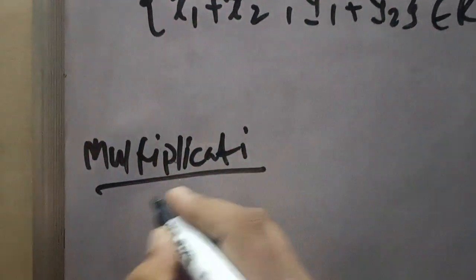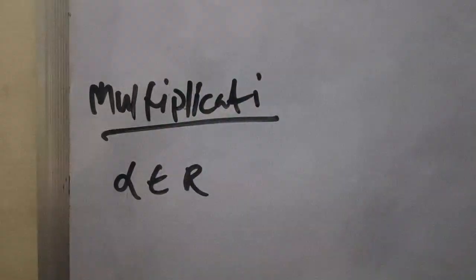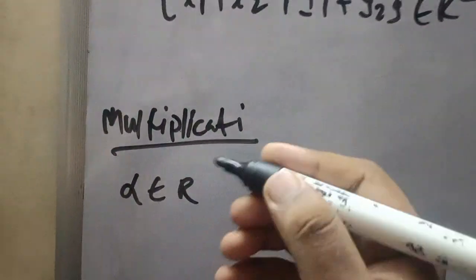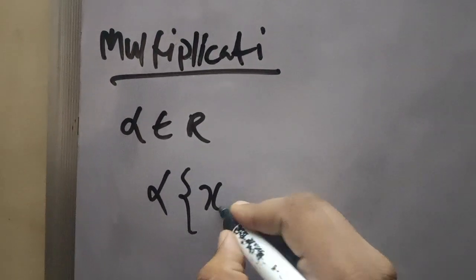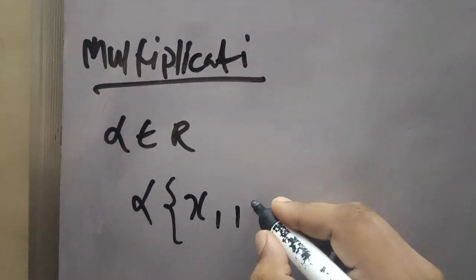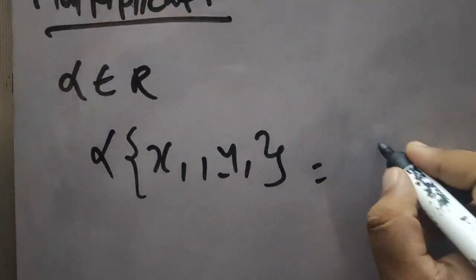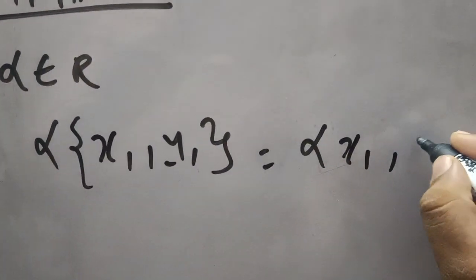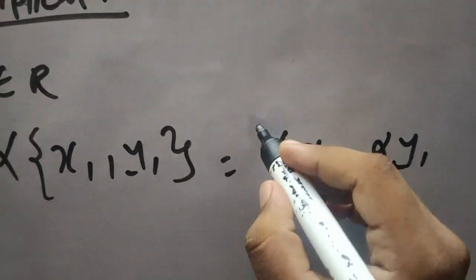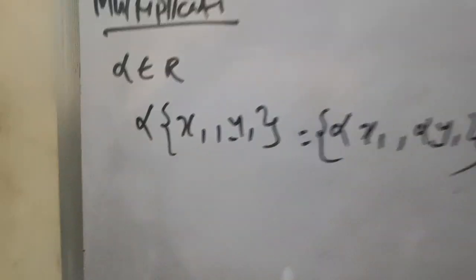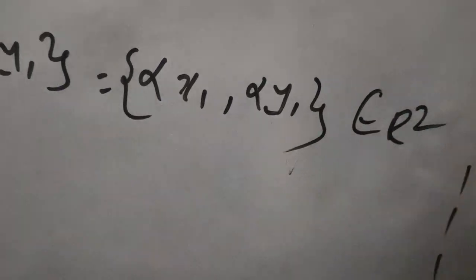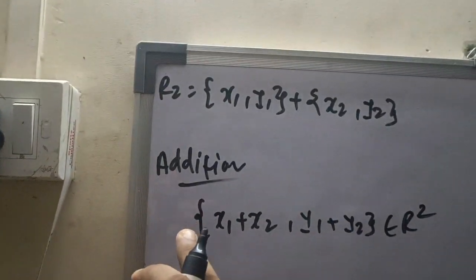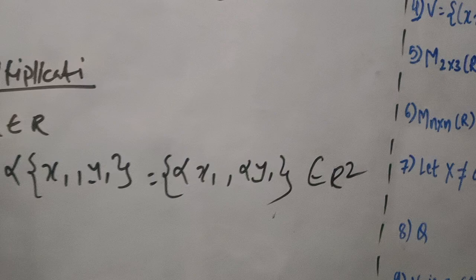Let alpha belong to the real numbers, and let's multiply this real number alpha with x1 and y1. So what we'll get is alpha x1 and alpha y1. You'll notice this still belongs to R square. So our multiplication as well as addition condition is satisfied.